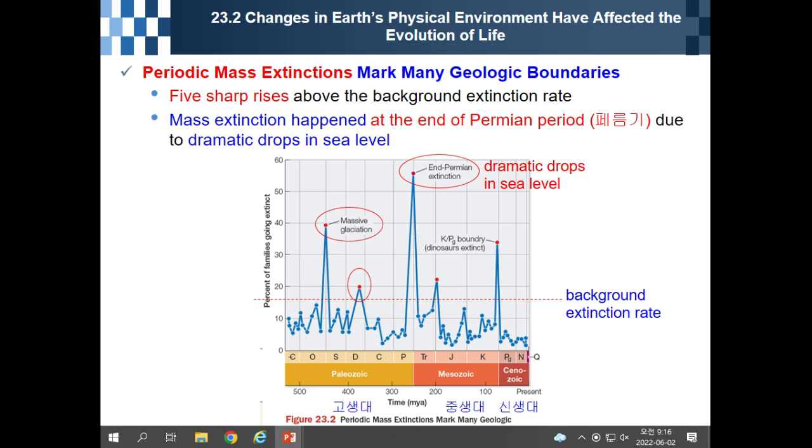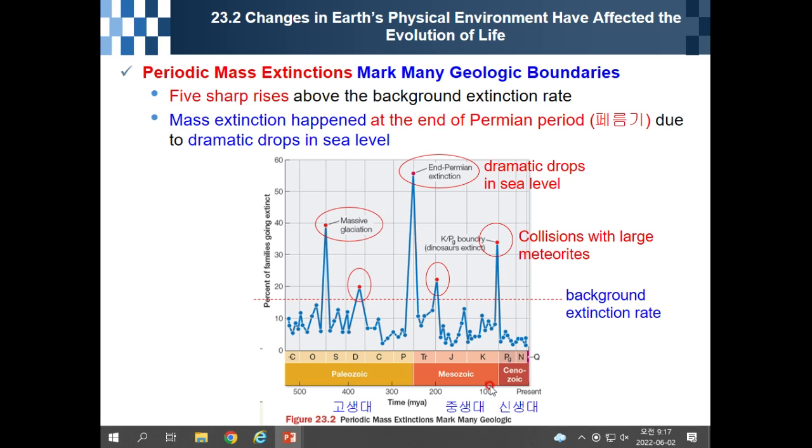Finally, there's the end of the Permian period, which in Korean we call Perumgi. There was a dramatic drop in sea level, so a lot of marine organisms died, and another peak rise happens.